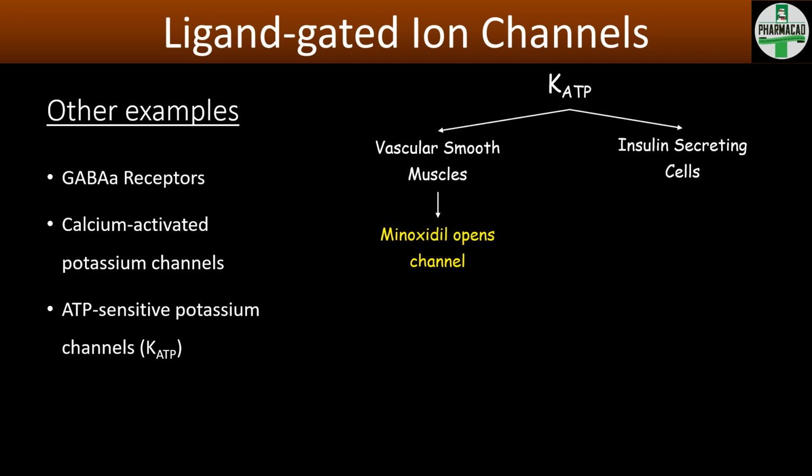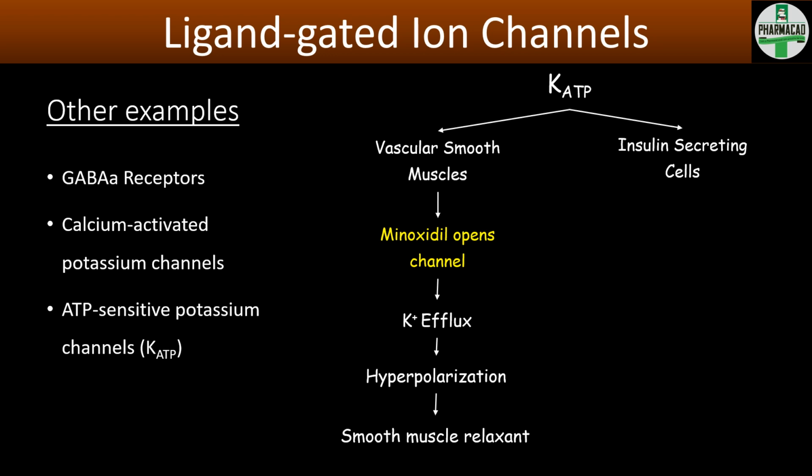After binding, it opens up this potassium channel, causing potassium efflux, and that's why causing hyperpolarization. Because of hyperpolarization, there will be block of action potential in the cell, and that's why the smooth muscle cell will relax now. So minoxidil is given as antihypertensive drug.